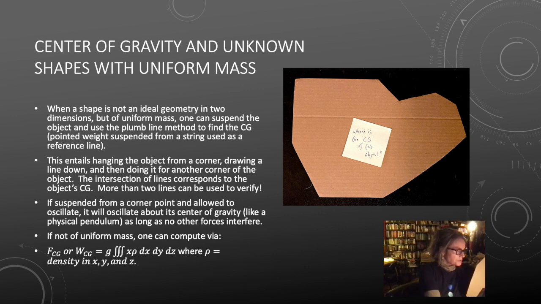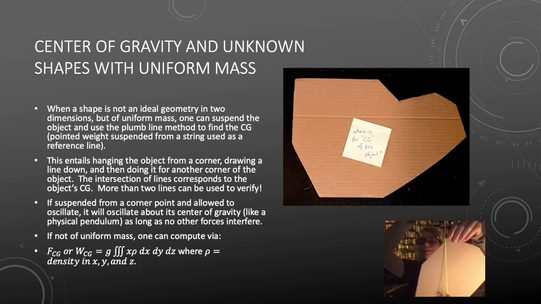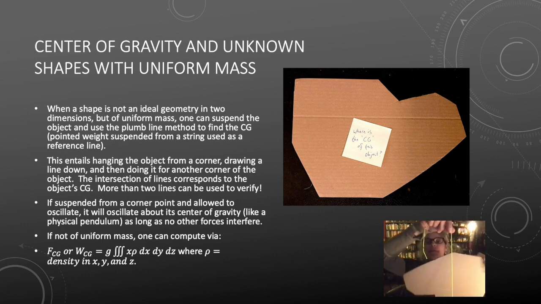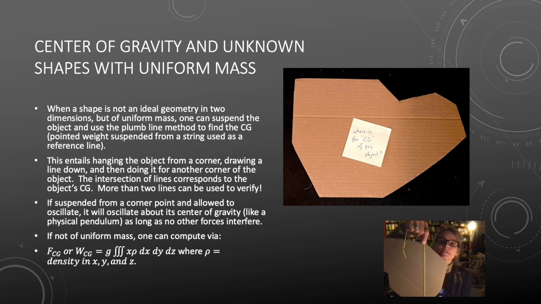To be more precise with it, we could take a mass like this, and hang it down from the edge, so that makes a line, and then we would draw another line by hanging it off this edge. Okay, and we would get intersecting lines. You could do a third and double check that. You could do a fourth, and so on.